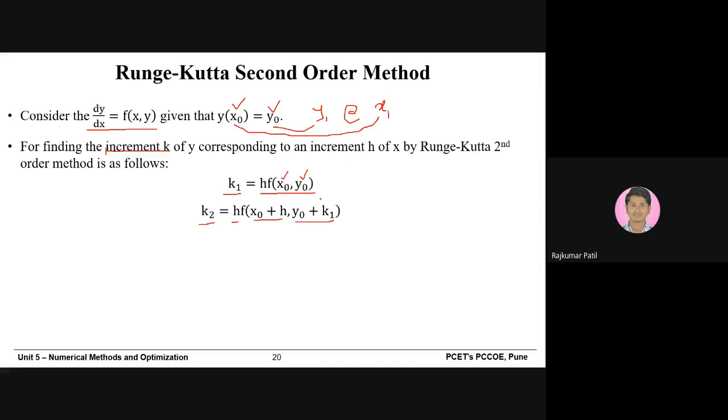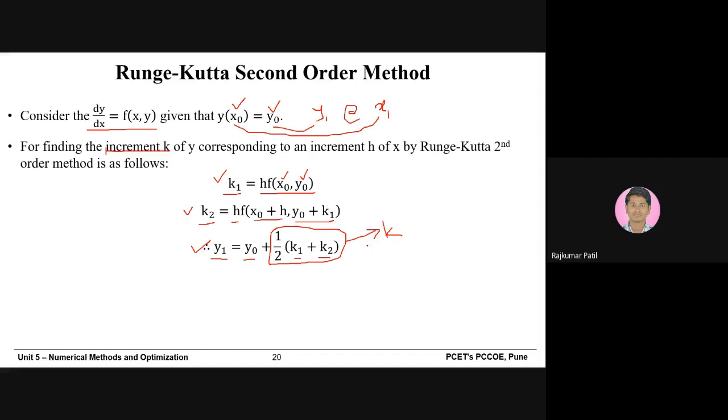Then you can calculate y1, which is equal to y naught plus 1 by 2 of k1 plus k2. This whole term that I am making a circle here will be your increment k. So there are only three steps: calculate k1, then k2, and then by using this formula calculate the value of y at any given value of x.